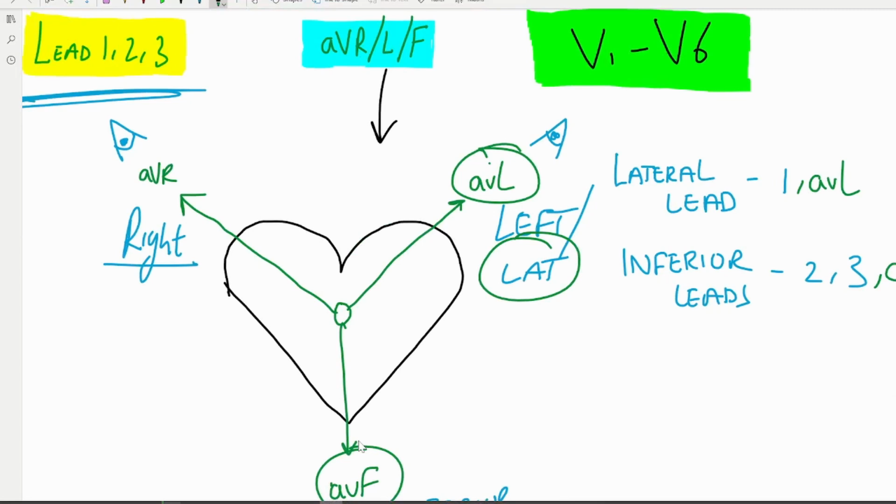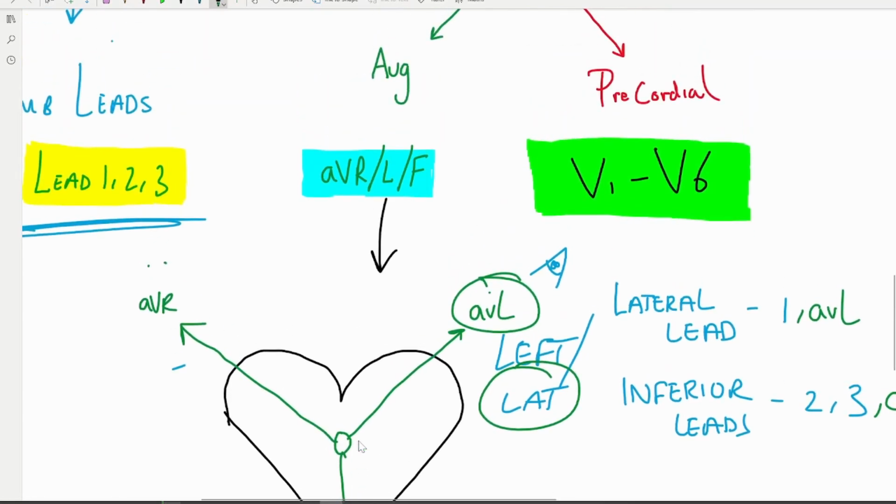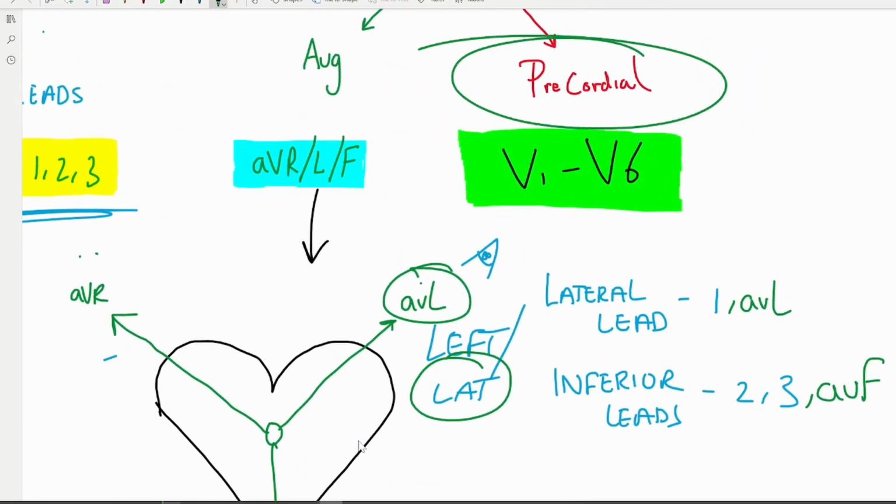How about the right? Although it is going towards the right, we don't really use leads specifically for right. And so when it comes to AVR, we just leave that out. We don't assign a direction to AVR. Alright? Okay. So now that is done, let's move on to the precordial.